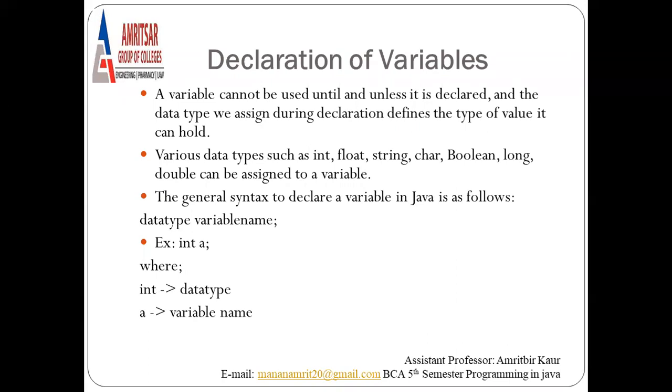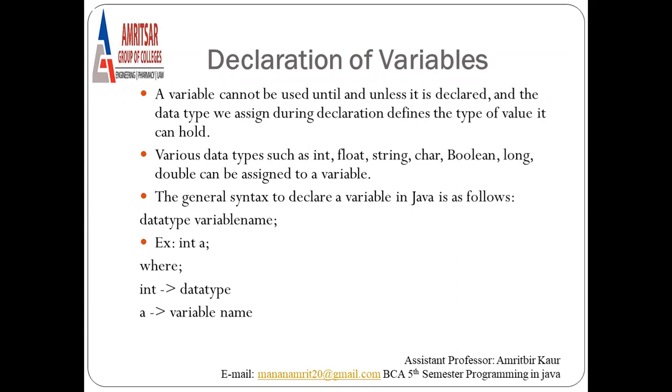The data type we assign during declaration defines the type of value it can hold. So we assign a data type to a variable, and we can store values of that data type in the variable. For example, if we declare a variable of int type and want to store a float value, it is not possible. Various data types such as int, float, String, char, boolean, long, and double can be assigned to a variable.